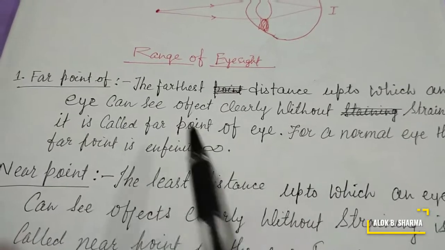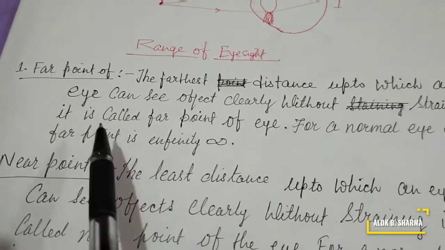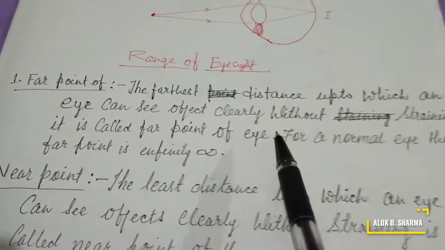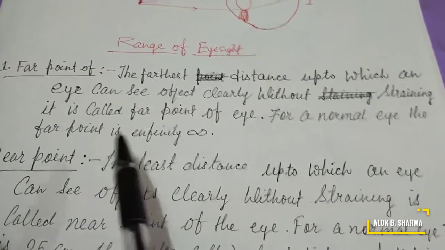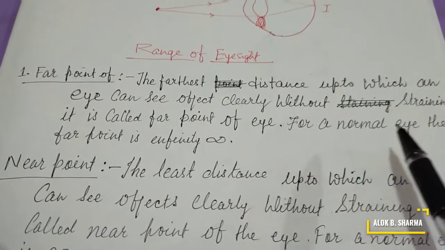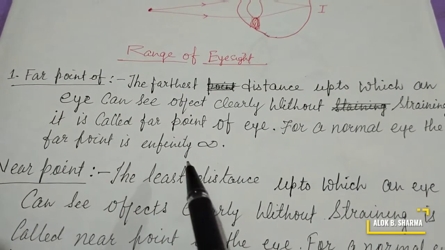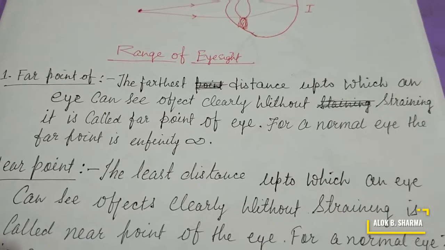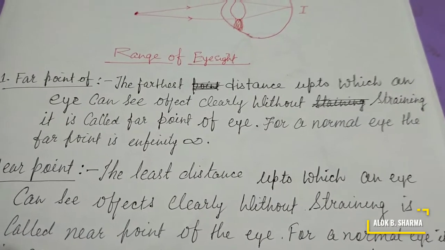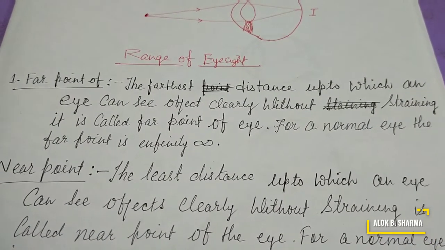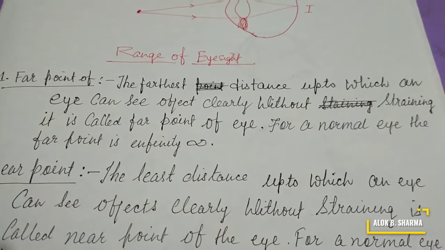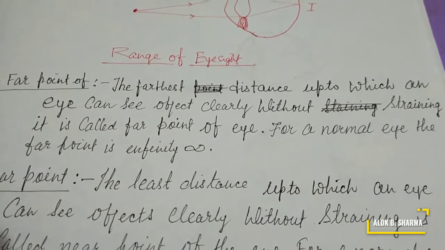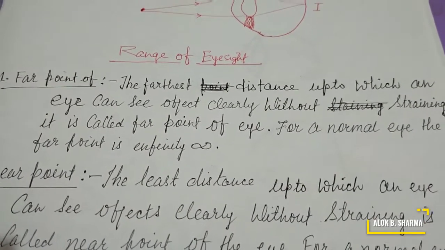The farthest distance up to which an eye can see objects clearly without straining is called the far point of the eye. For a normal eye, the far point is infinity. A healthy eye can see up to a large distance, that is called infinite distance. So the far point of the eye is infinity for a healthy, normal eye.